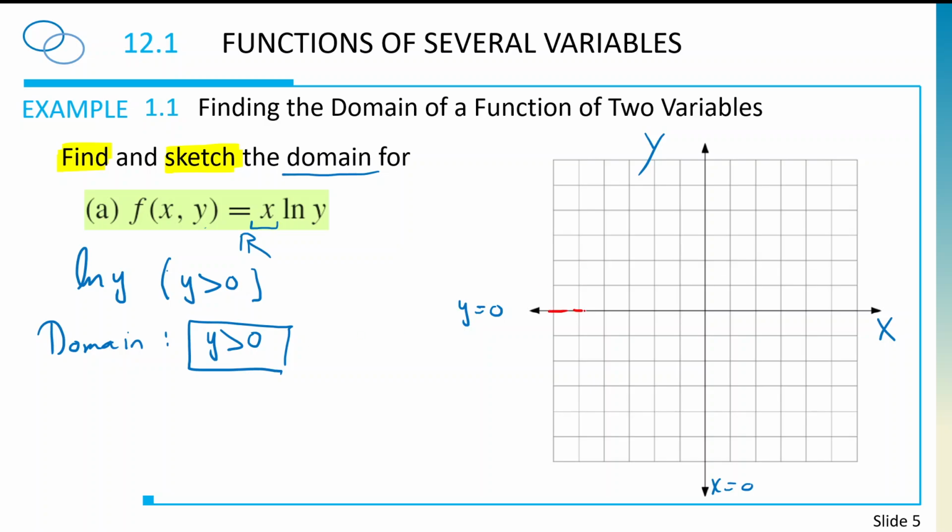You use a dashed line. So this axis is just a dashed line, and then the domain will be everything above the x-axis. So I need just to shade this region. It's basically region 1 and 2, excluding the x-axis itself. So this is our domain.